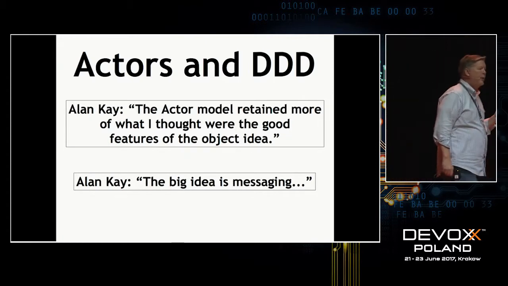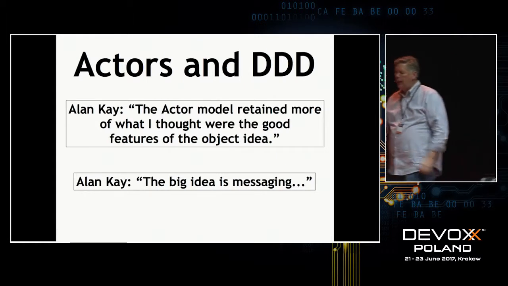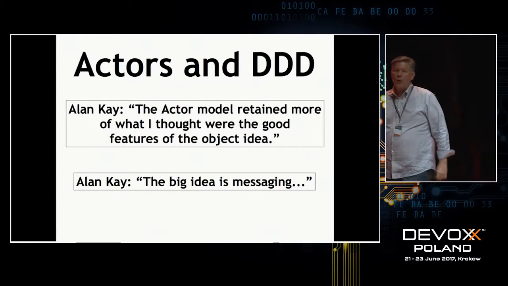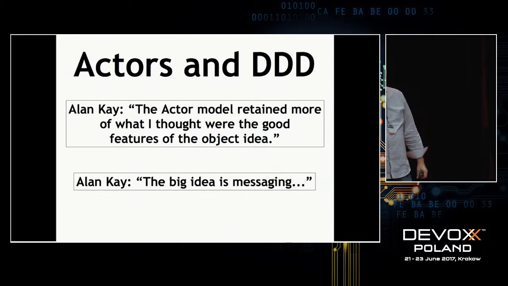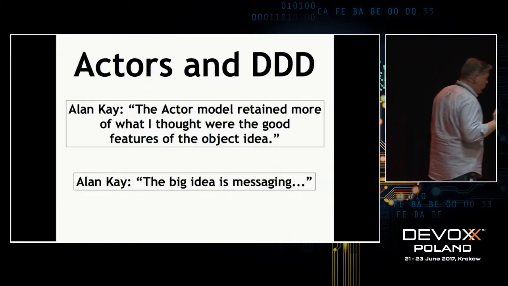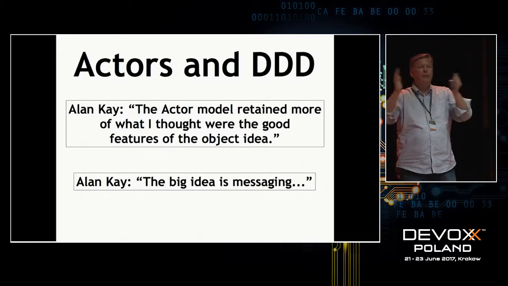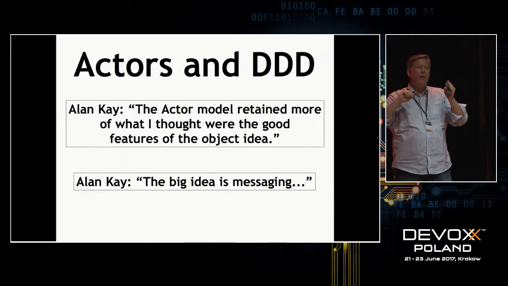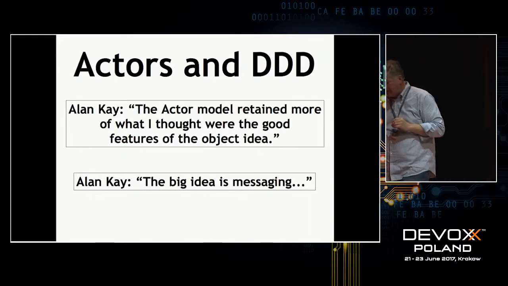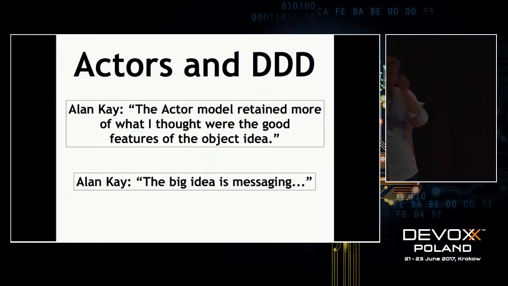And you know when he said that the big idea is messaging, Alan Kay said that there's this Japanese word, I think the word is ma, or something like that, roughly spoken, but ma means the space between. And maybe even Conrad is here. He could correct my Japanese if I'm wrong about that. But as I recollect, it means the space between objects.